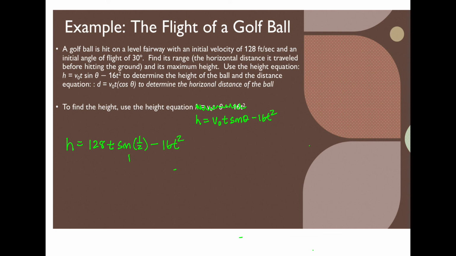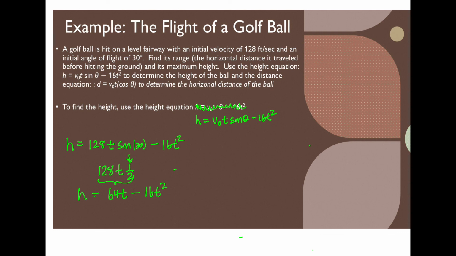Where did the sine of 30 come from? Well, I knew that the sine of 30 is 1/2. So 1/2 times t times 128, and we can combine those together. 128 times 1/2 gives me 64t. We have that minus 16t squared.